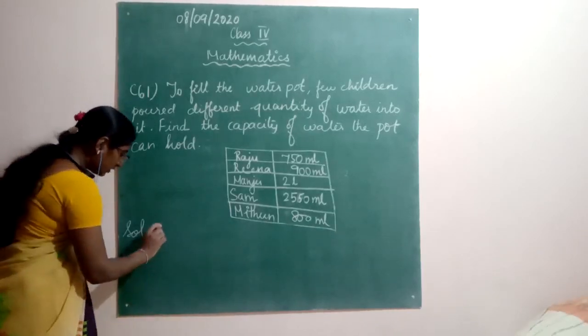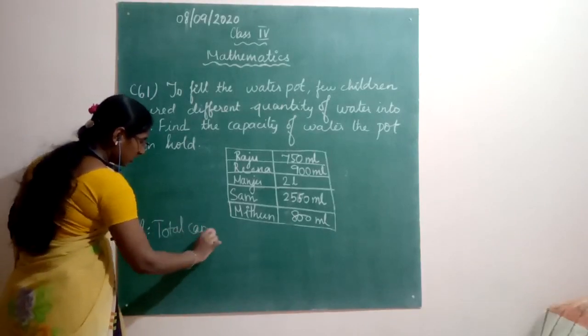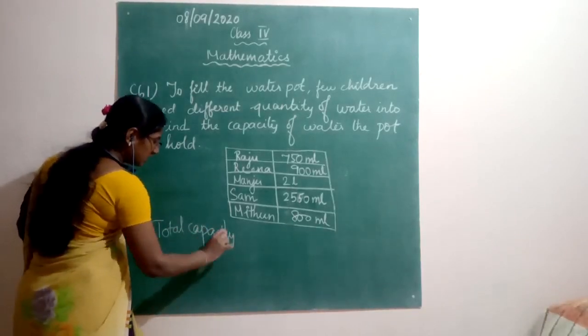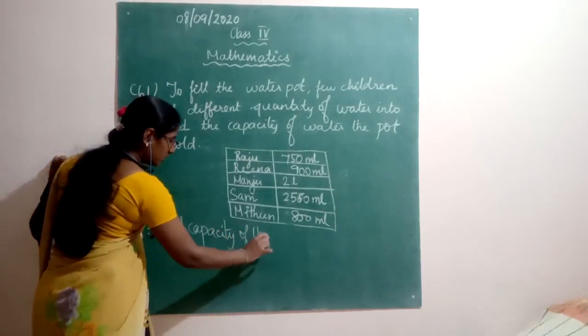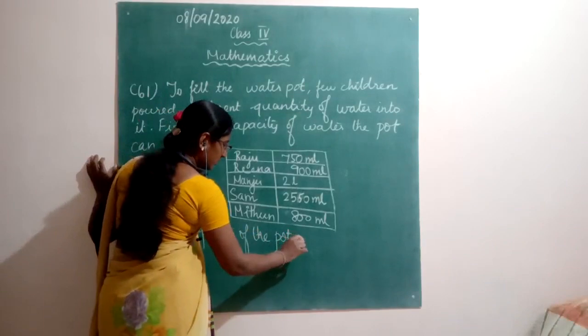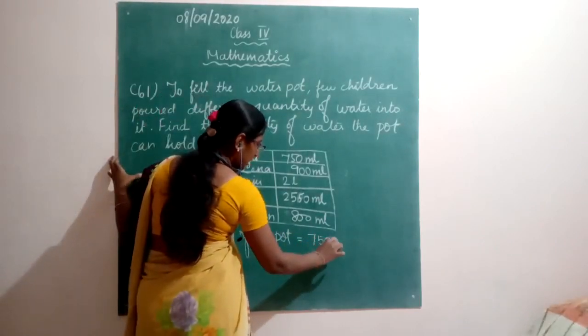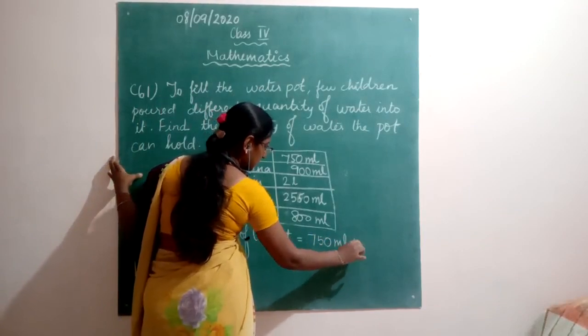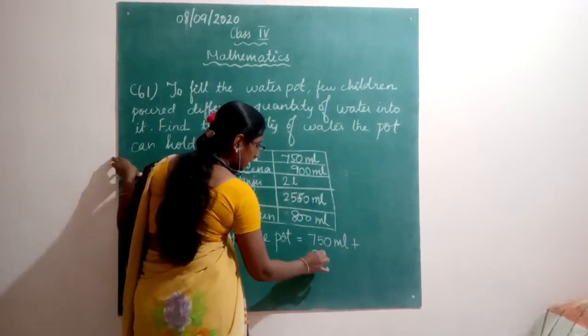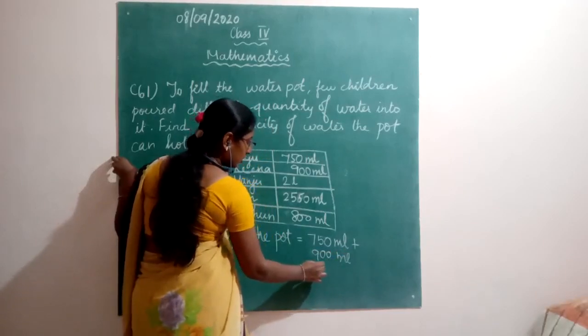Okay, so write total capacity of the pot is equal to 750 ml plus 900 ml plus 2 liters.